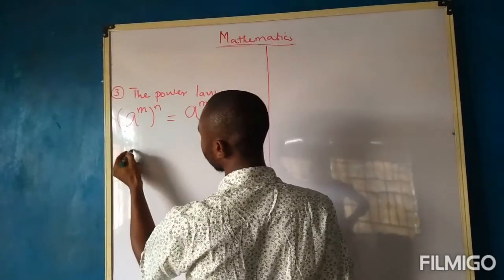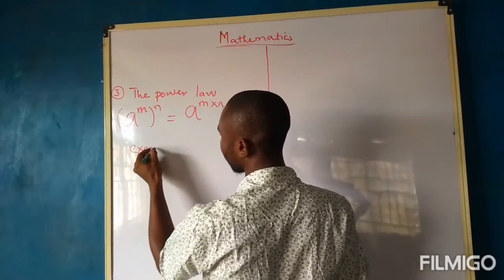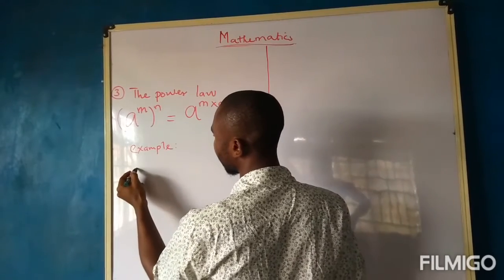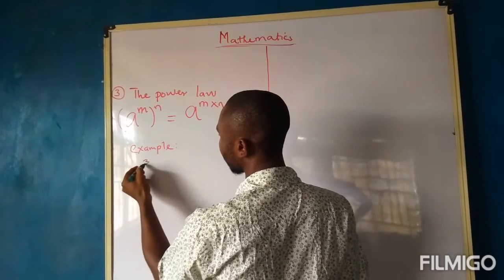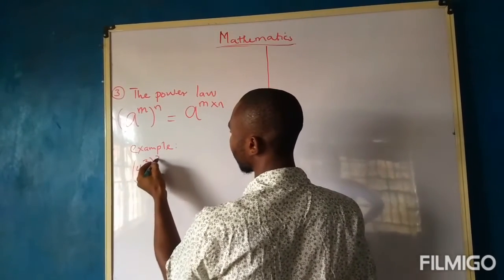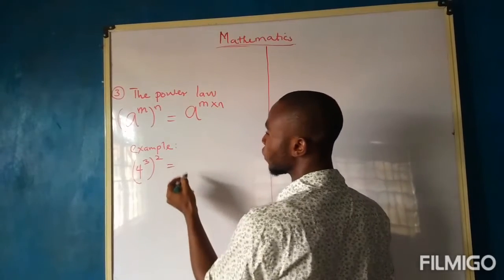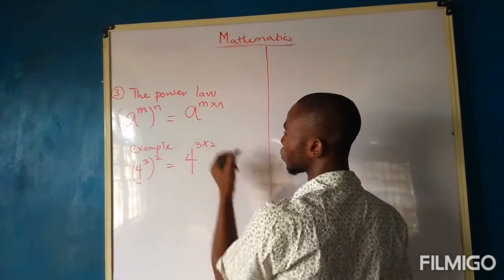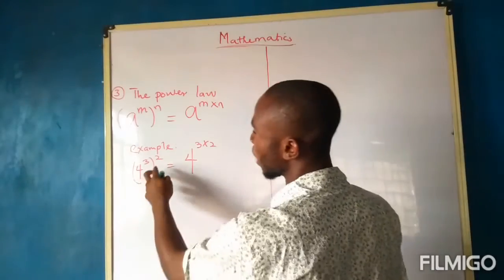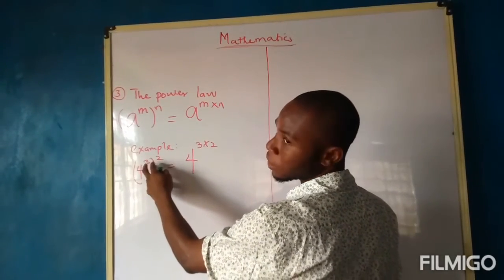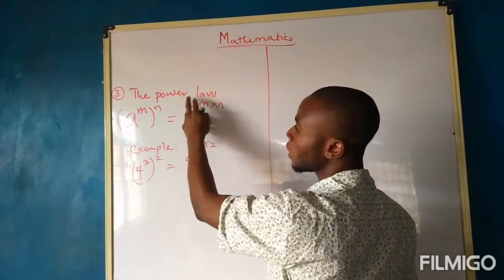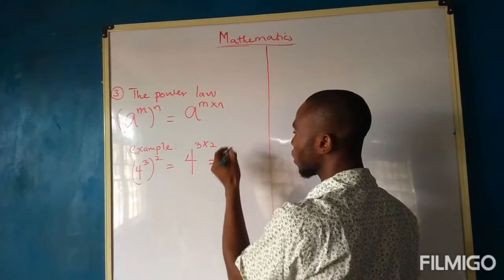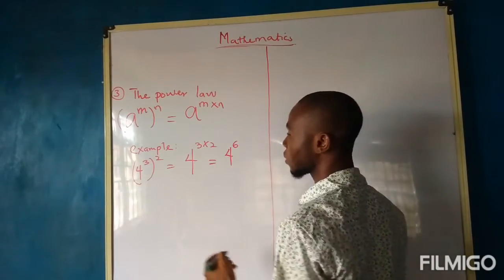An example of that is where we have something like 4 raised to the power 3, in bracket, raised to the power 2. This will give us 4 raised to the power 3 multiplied by 2. That is, we are going to multiply the powers together. That is why it's called the power law. And this is going to give us 4 raised to the power 6.